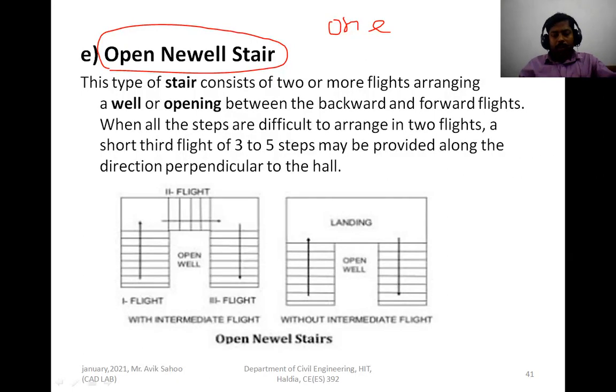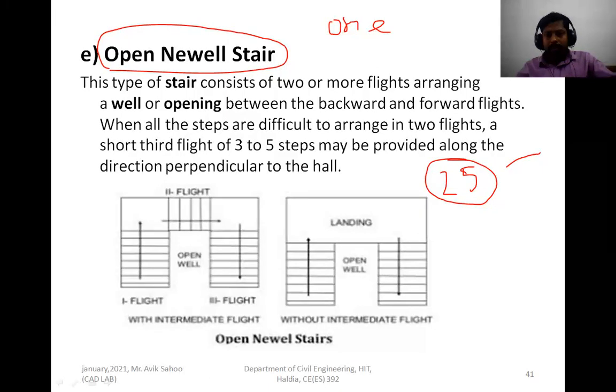because generally the steps we are giving are not arranged in two flights. To reach the floor, suppose I have given 25 steps. Now these steps are not arranged in two flights, so another flight is introduced to accommodate the steps.